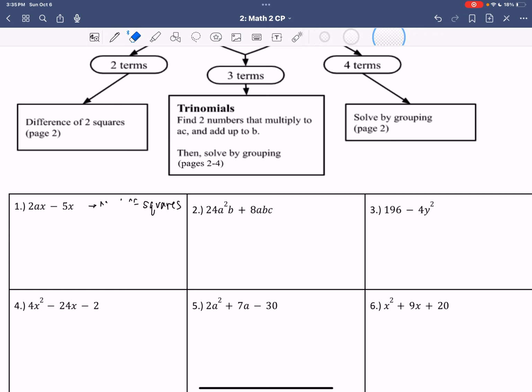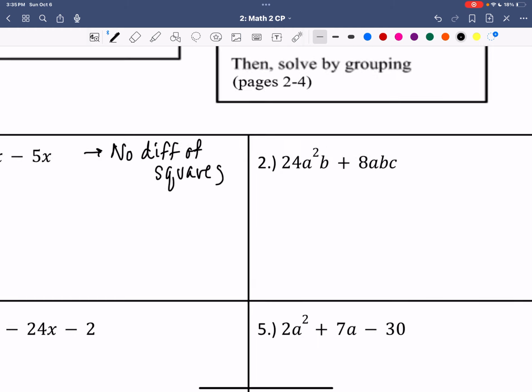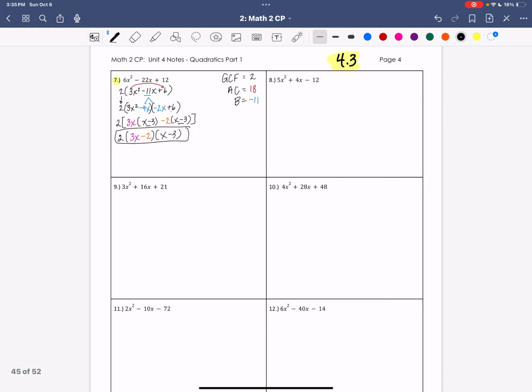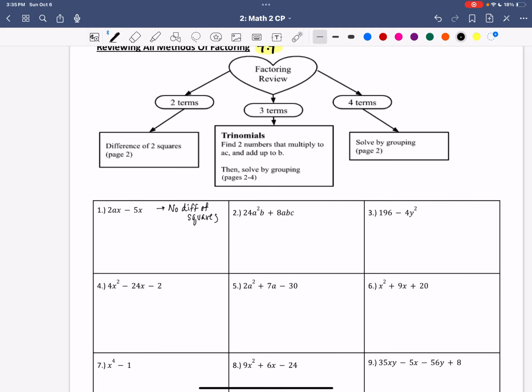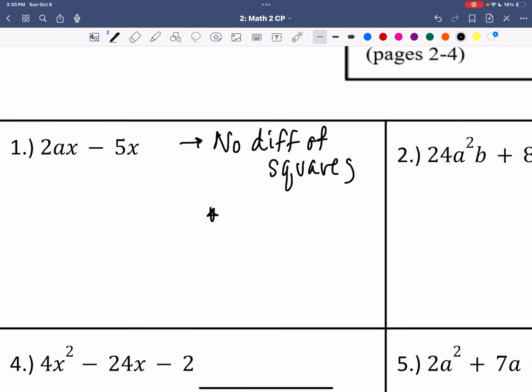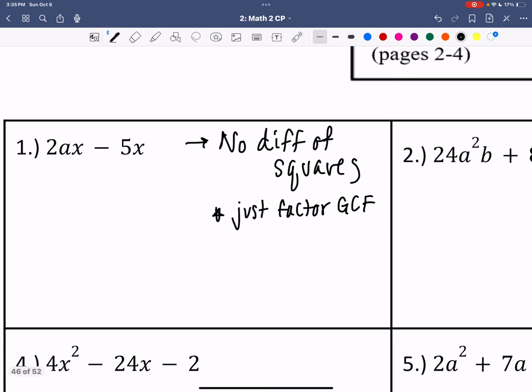Oops, let me write that. We can only factor. All right, so let's look here.